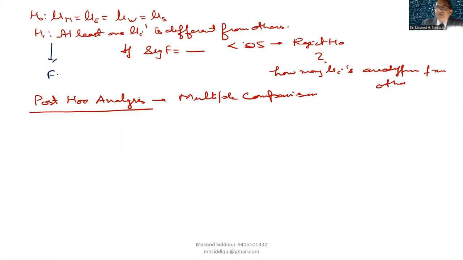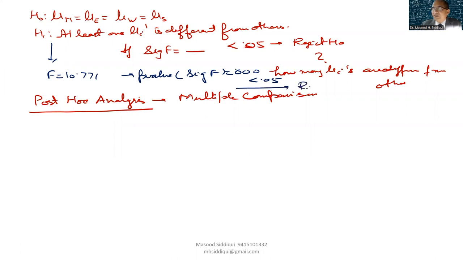The value of F statistic is 10.771 and the P value or significance F is 0.000. This is less than 0.05, so we would be rejecting H naught. Rejecting H naught means we say that it is not the case that mu n, mu e, mu w, and mu s are the same. At least one mu i would be different from the others. So this is the first part.